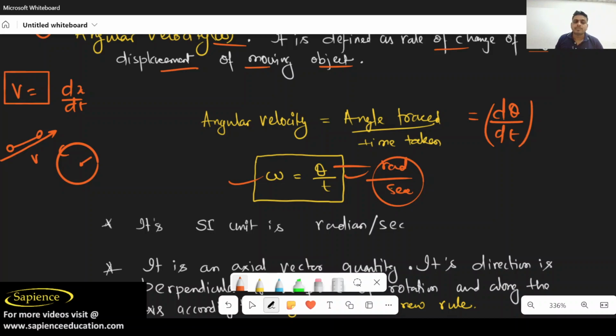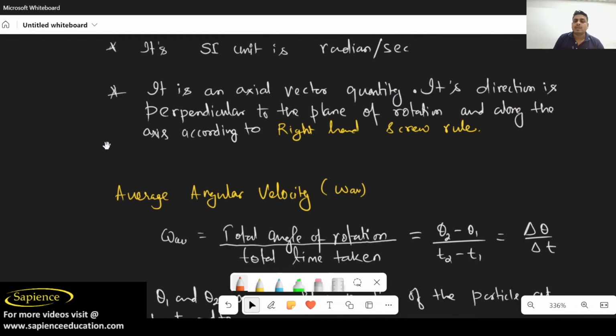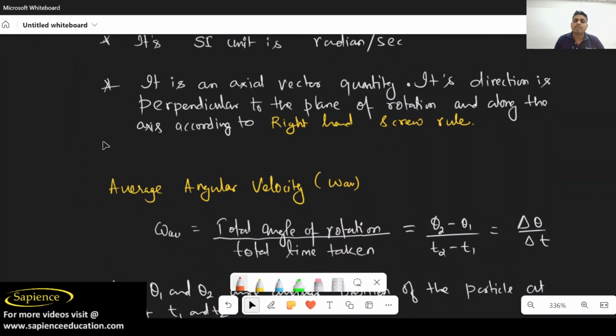Okay, now it is an axial vector quantity. Its direction is perpendicular to the plane of rotation and along the axis according to the right hand thumb rule. As I have told you, in any circular motion, when an object is moving in a circular path like this, it will try to move in the upward direction.